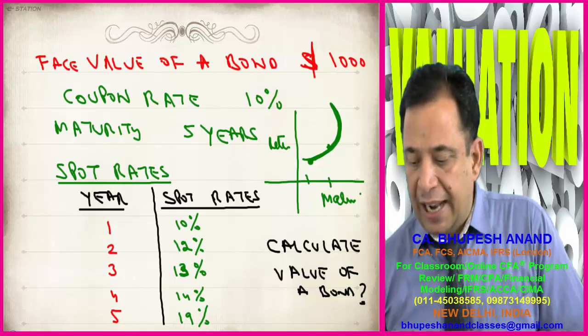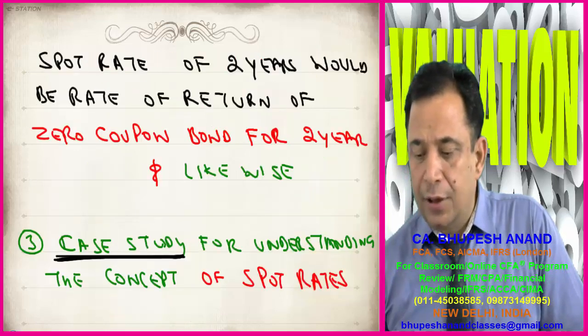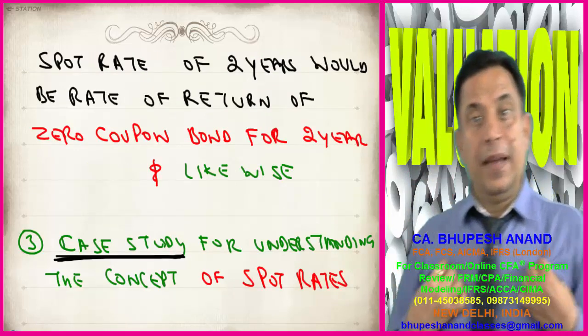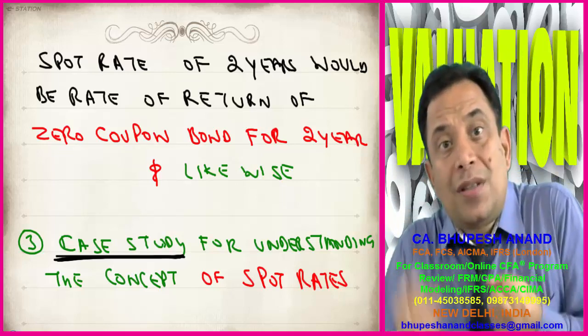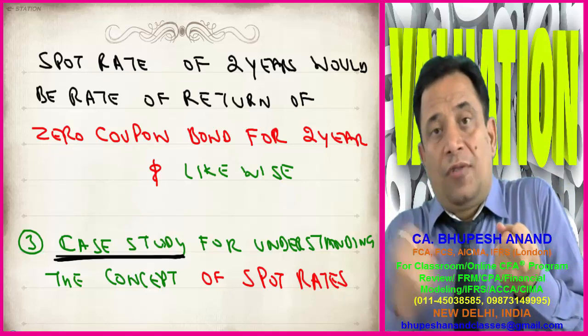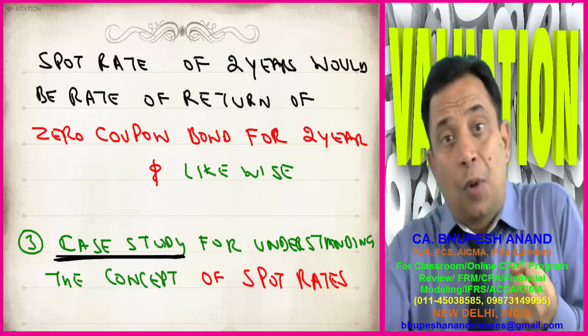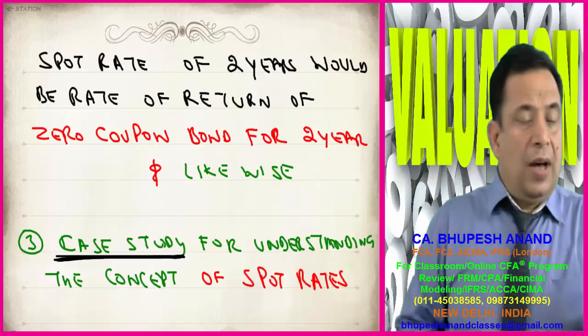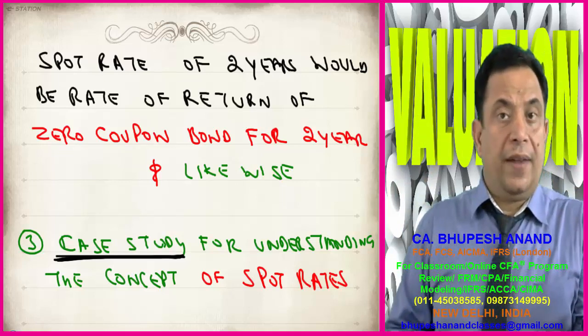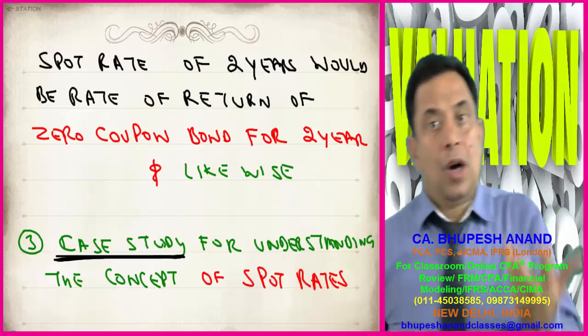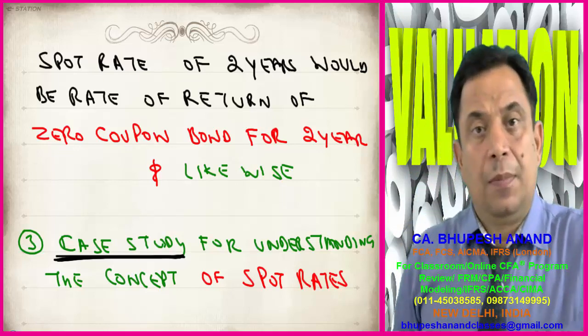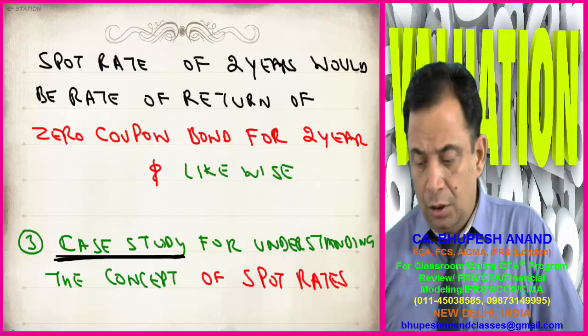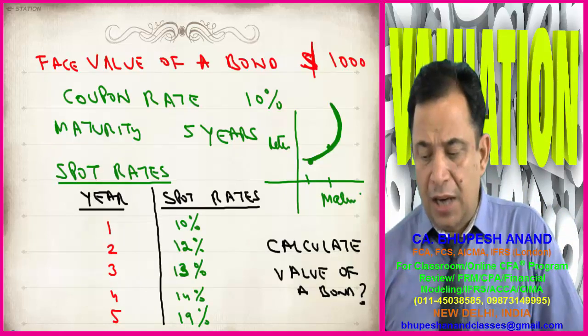My objective now is to tell you the process of calculating the value of a bond when spot rates are given. Just now I have explained the meaning of a spot rate with the help of a bank FD example, or with the help of the zero coupon concept. So let me start with this.